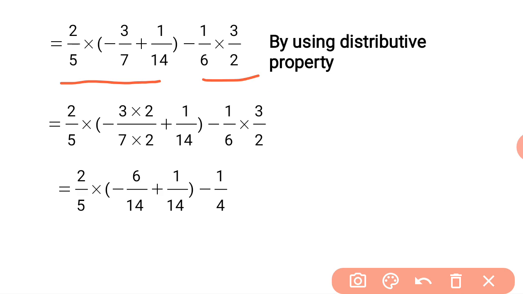For the first term, you have to solve the bracket initially. Use the LCM method, proceed and get your answer. By that time, you can solve the second term also. Your second term gives you 1 by 4 as the answer.